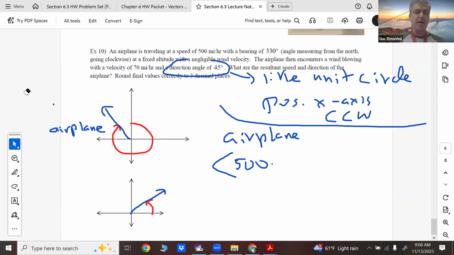I'm gonna do this, guys, for the vectors: always use direction angle because it's gonna make your life much easier to do the calculation. What is the direction angle for the airplane? We know the bearing is 330. What's the direction angle? 120. Use that instead.